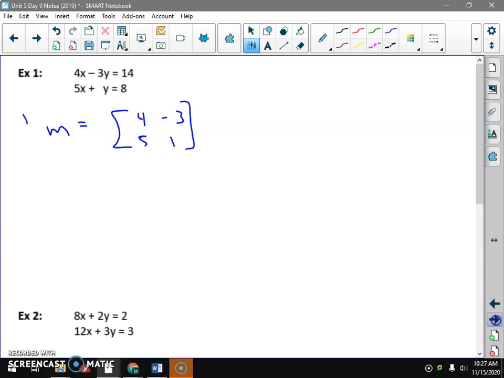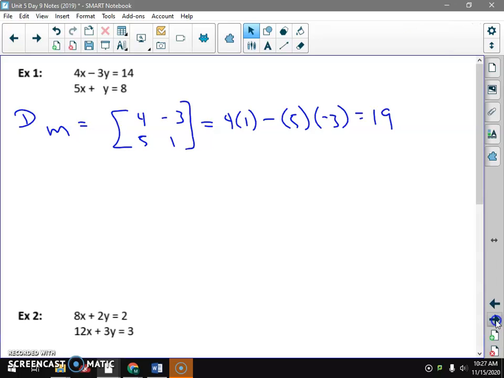I use capital D to stand for finding its determinant. 4 times 1 minus 5 times negative 3. 4 times 1 is 4, minus negative 15 is plus 15, 4 plus 15 is 19. That has nothing to do with the answers to x or y. It's going to help us find them, though.